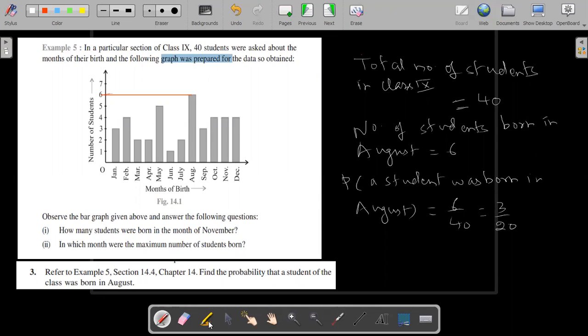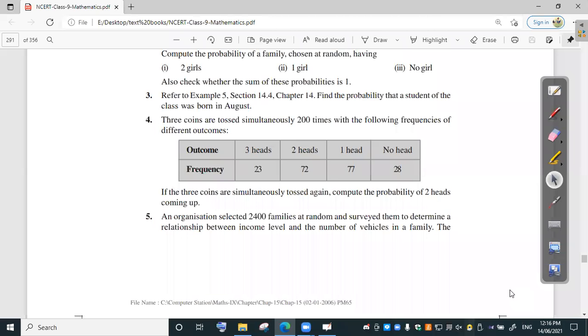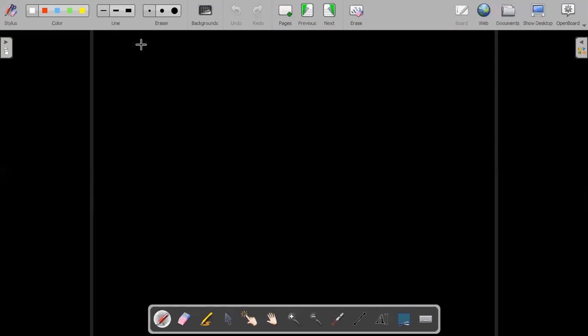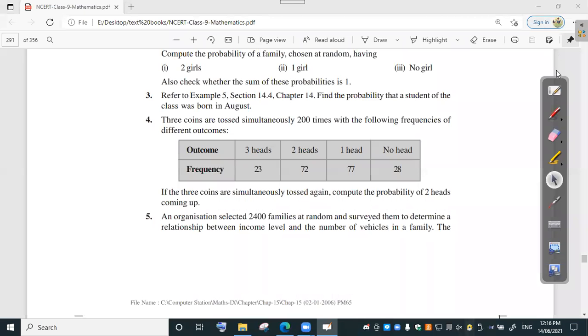Like this, you can find the probability of two heads.